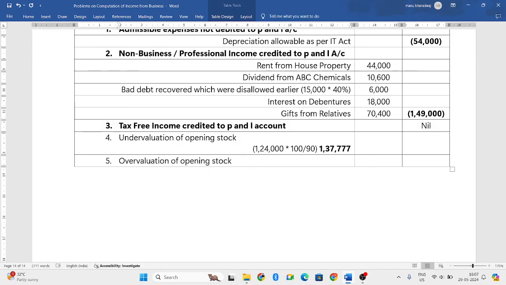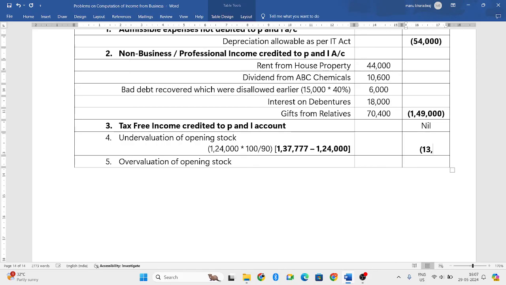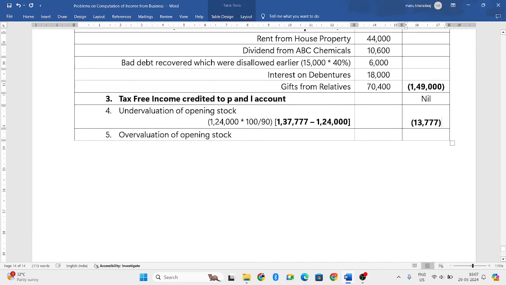This is 100% minus what was actually shown in the P&L account. They had shown only 1,24,000. So the difference, 1,37,777 minus 1,24,000, is 13,777. This is the undervaluation of opening stock.